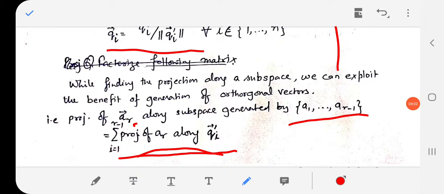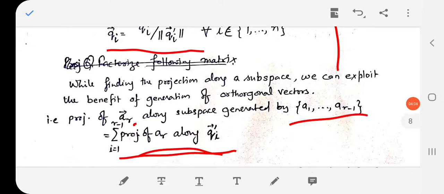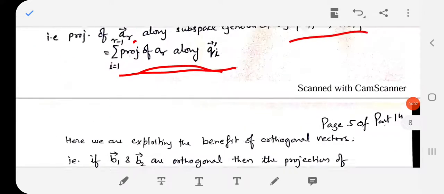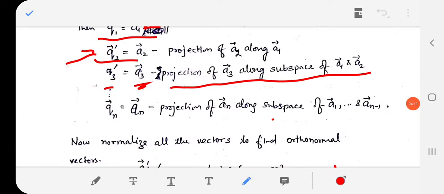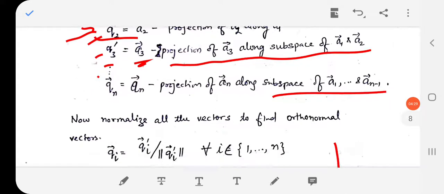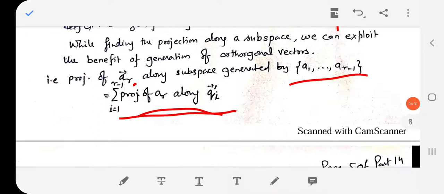So instead of taking the projection along the subspace generated by this, we can find the projection matrix for each of the previously generated vectors q1, q2, q3, and so on. So let us see how it goes after that.